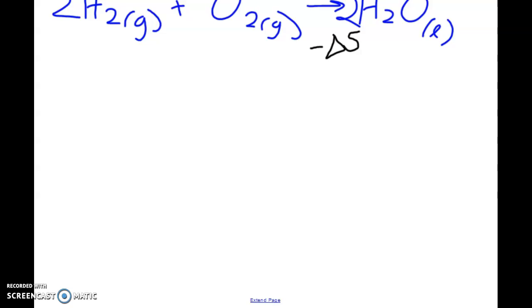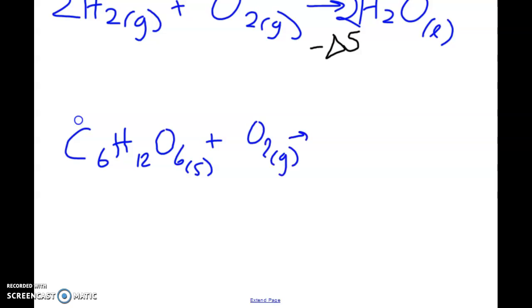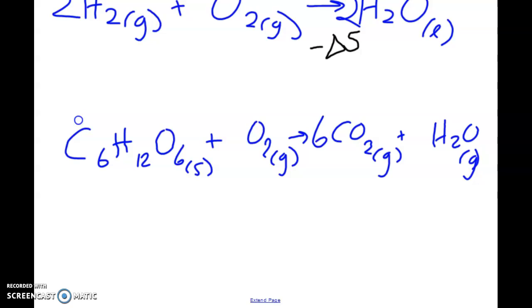We have C6H12O6 solid plus O2 gas, making carbon dioxide gas and water gas. For balancing here, we would need a 6, and then we would need another 6, and then actually that ends up being another 6.